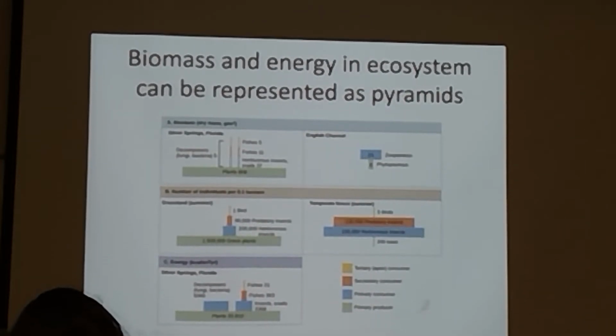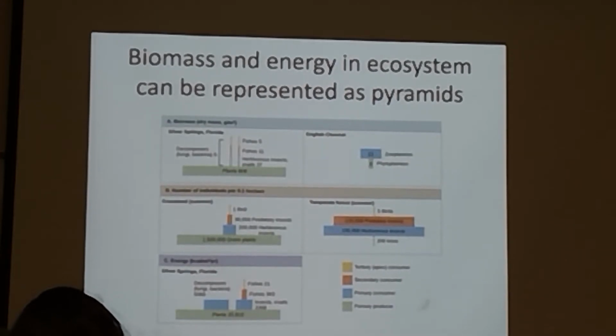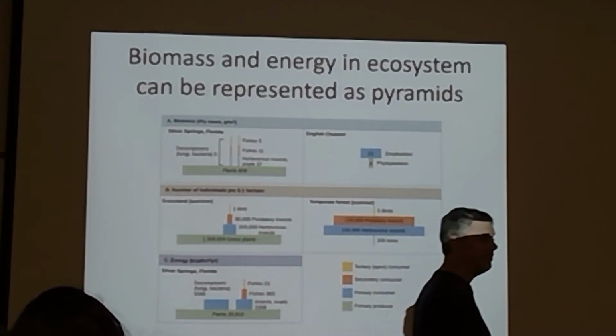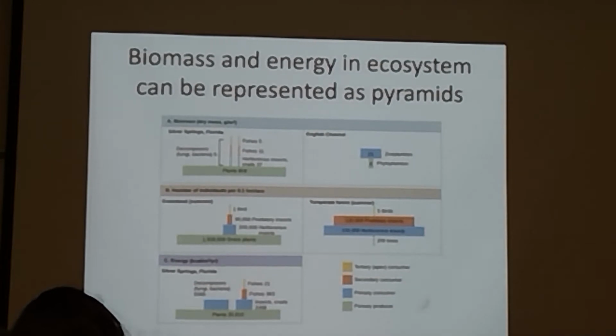The one thing that's important to recognize with these pyramids is you, as a reader of these diagrams, are at first going to want to ask yourself, what is being represented here? Is it biomass that's being represented, or is it energy? There's a very quick way to determine that.